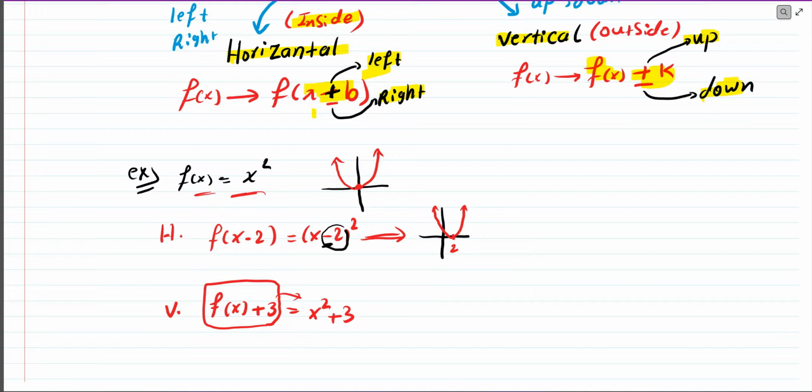So this is the idea: we added 3 to the function. So what will happen to the graph, dear students? This is our original function, right? So how do we shift this function? We shift 3 units up because this is outside. True? So it's going to be 1, 2, and 3. So the graph is going to be here. This is horizontal shifting, vertical shifting.